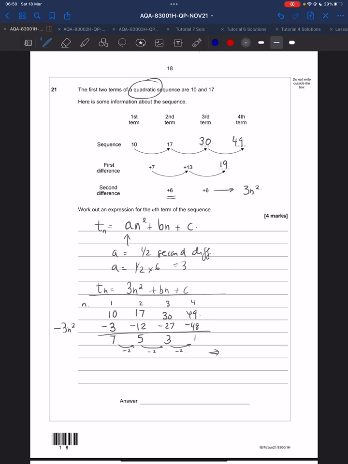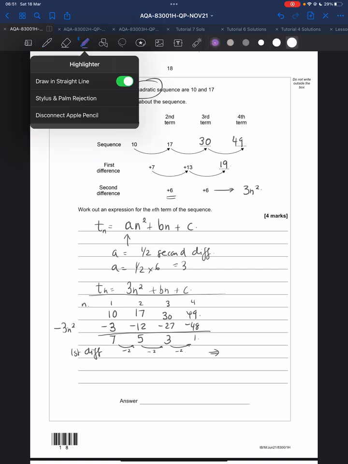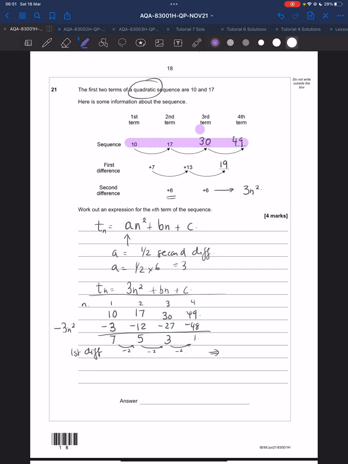It goes down in 2s, so it's a constant first difference. We started off with this sequence, but we've made it into this one by taking out the 3n squared. Now, if the first difference is constant, that's what we're looking for.